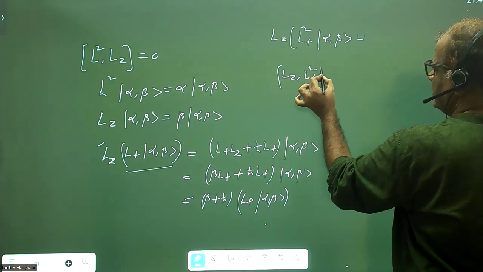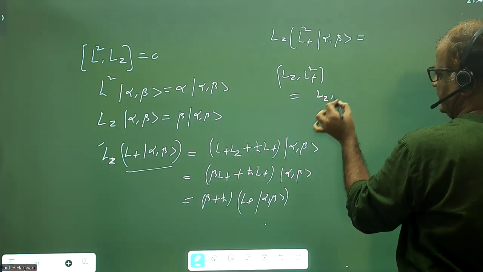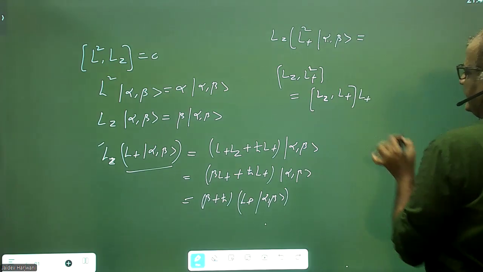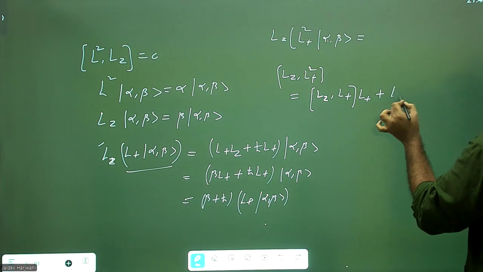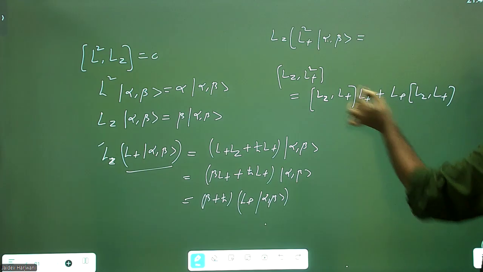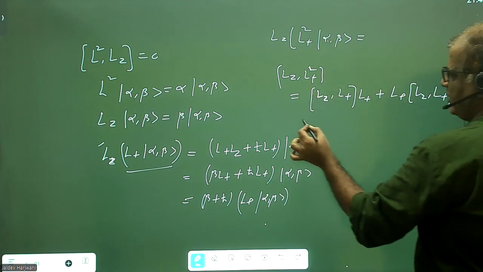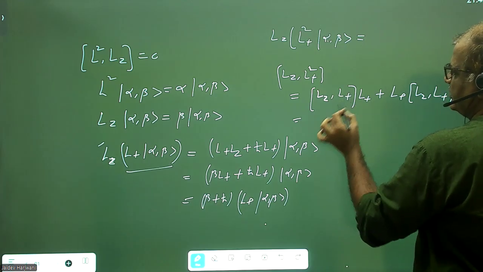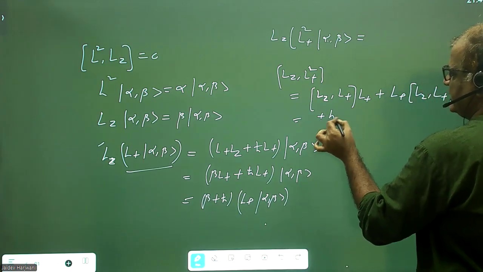So Lz L plus square will be Lz L plus L plus, which is L plus Lz L plus plus H cut L plus L plus. Now Lz L plus we know already is L plus Lz plus H cut L plus.